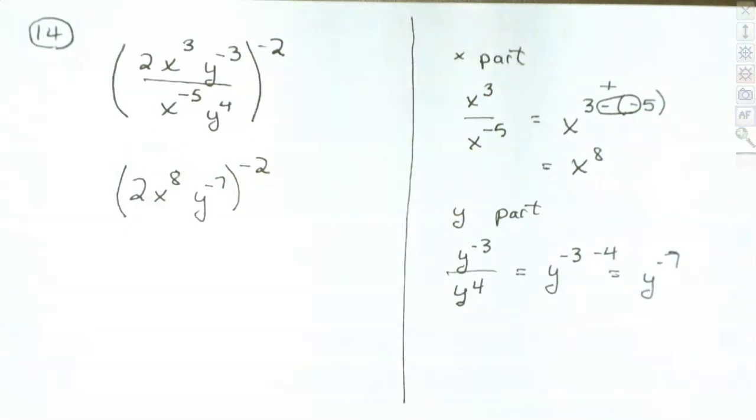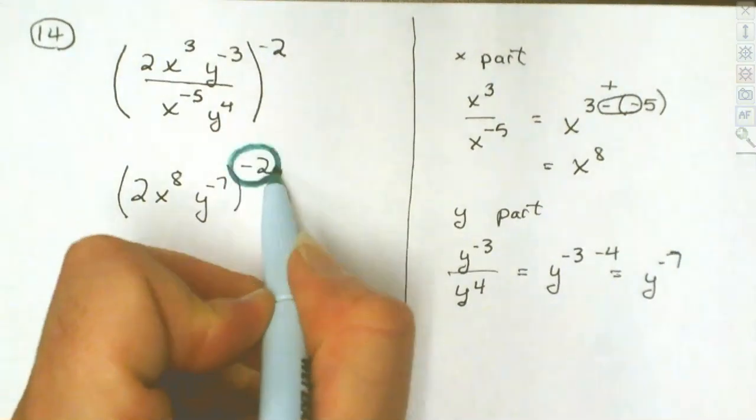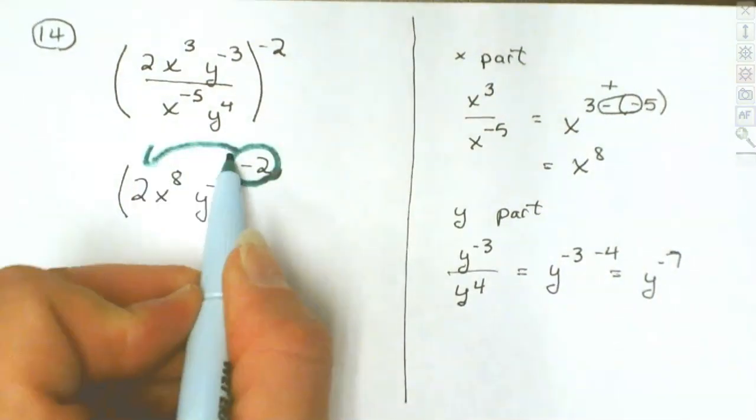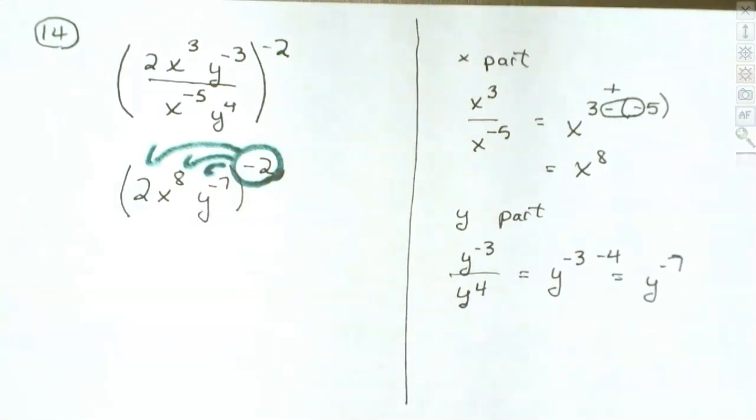Is everyone okay with that so far? So we did the x part with the quotient rule. We did the y part also with the quotient rule. Now we can distribute that negative 2 through. That's going to be our next step.